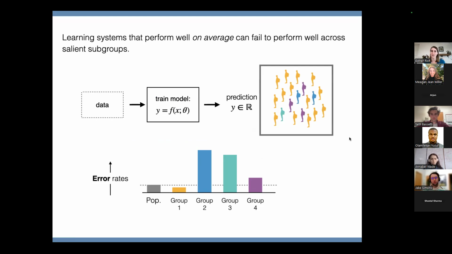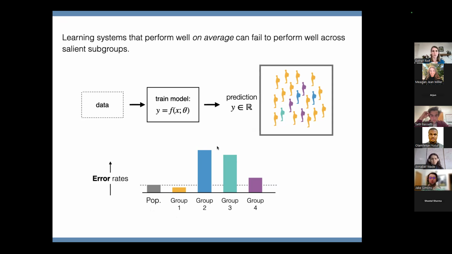So you can think of the colors as different geographic regions or different demographic groups. But the idea is that this model actually gets pretty low population error on everyone altogether, but most of that low error is coming from the biggest group. And we actually see some pretty poor performance on the blue and teal groups, but because those are such small fractions of the overall population, the average error still looks pretty good.